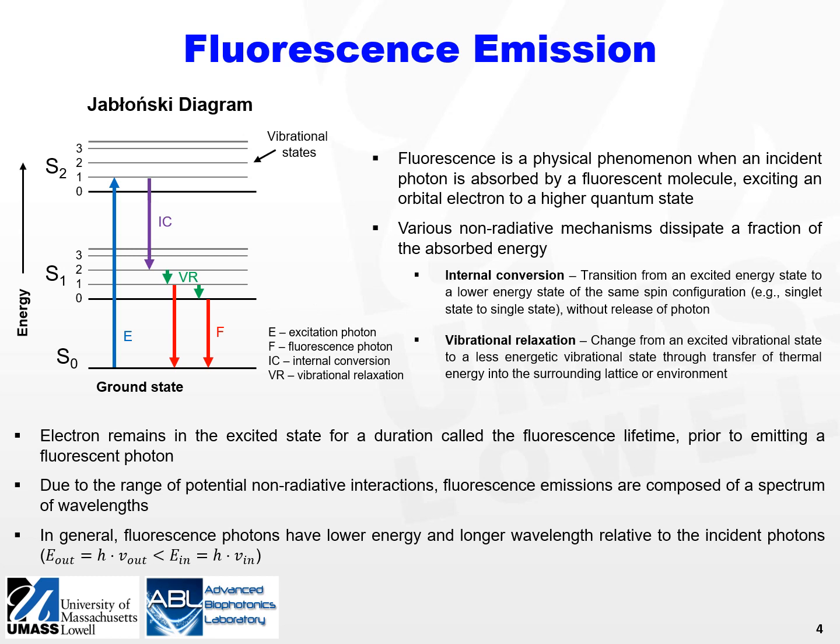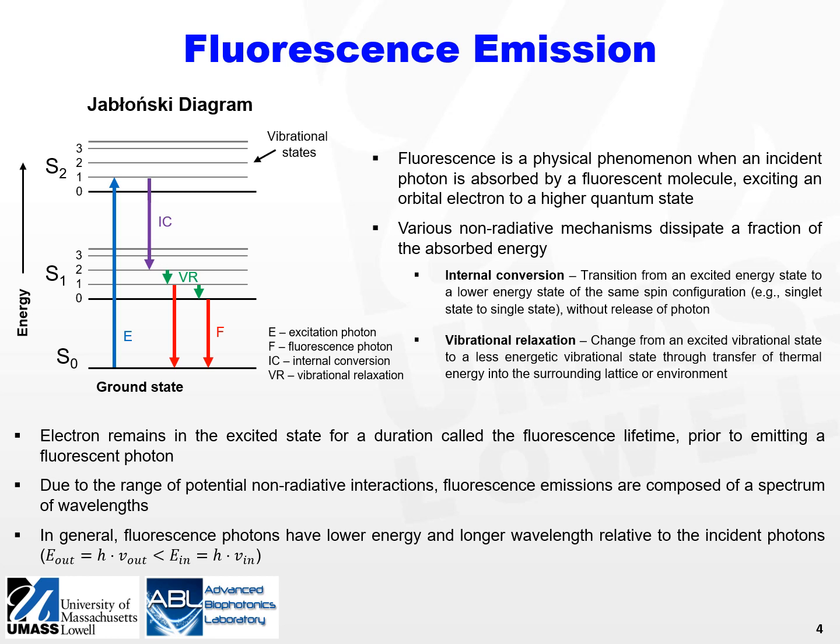Fluorescence is a physical phenomenon that occurs when an incident photon is absorbed by a fluorescent molecule, exciting an orbital electron to a higher quantum state. Various non-radiative transfer mechanisms serve to dissipate a fraction of the absorbed energy. The electron remains in the excited state for a duration called the fluorescence lifetime, prior to emitting a fluorescent photon.